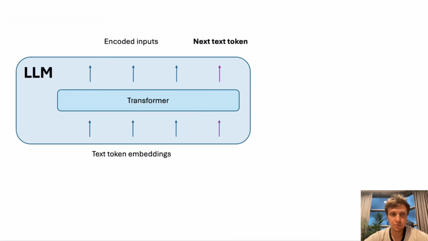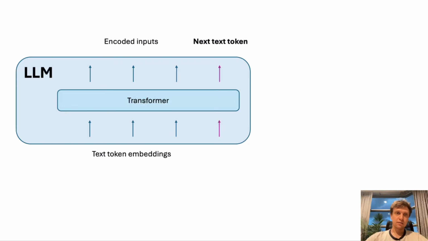And this transformer can receive text token embeddings as input, and then after processing them through many layers, first of all, it encodes all of them into some new contextual representation. And finally, the last prediction of the model is used to predict the next token, or you can simply think about it as the next word in the text.